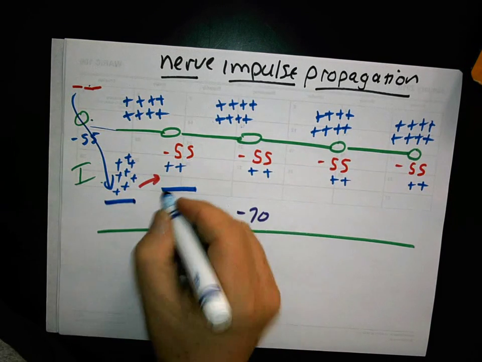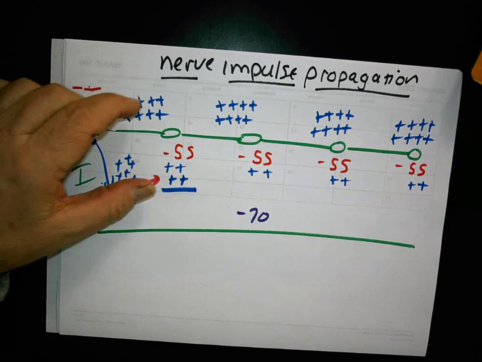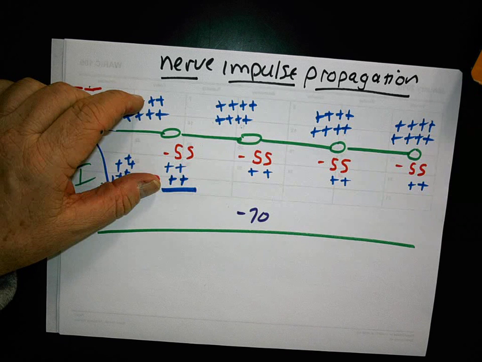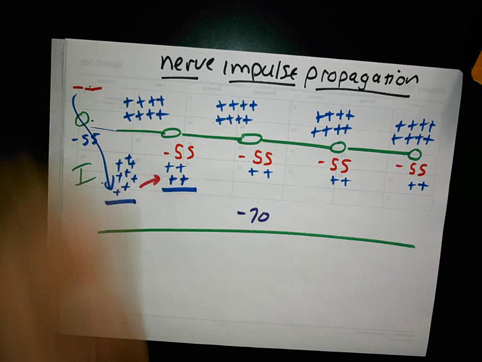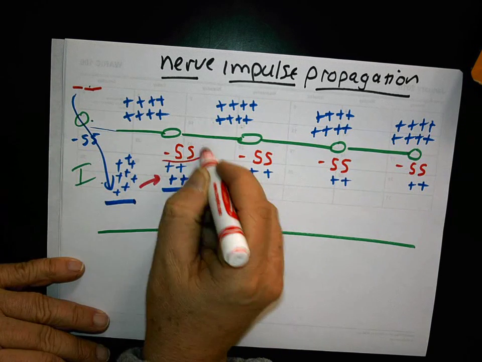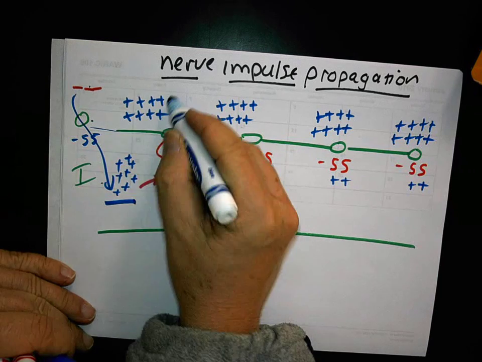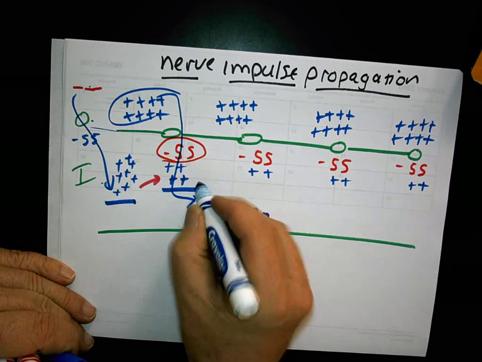So as you add sodiums here, what happens to the difference across this membrane? Gets less, so voltage goes towards zero, doesn't it? Before it gets to zero, what numbers are going to come across? Threshold.